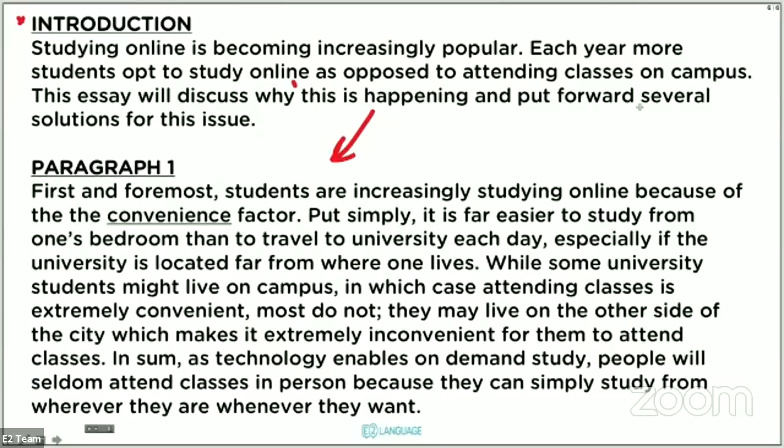First and foremost, students are increasingly studying online because of the convenience factor. I've just written "that" twice there. That's a mistake. So convenience. Okay, this opening sentence needs to be broad yet specific, if you know what I mean. It needs to focus on one idea only, okay?